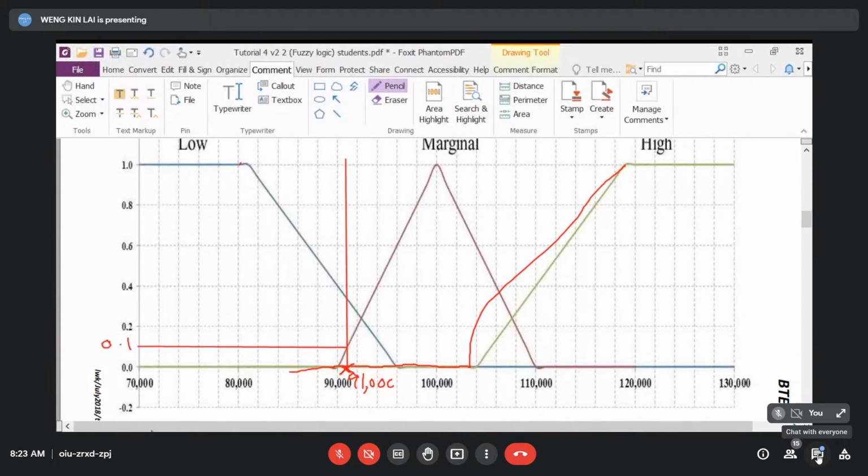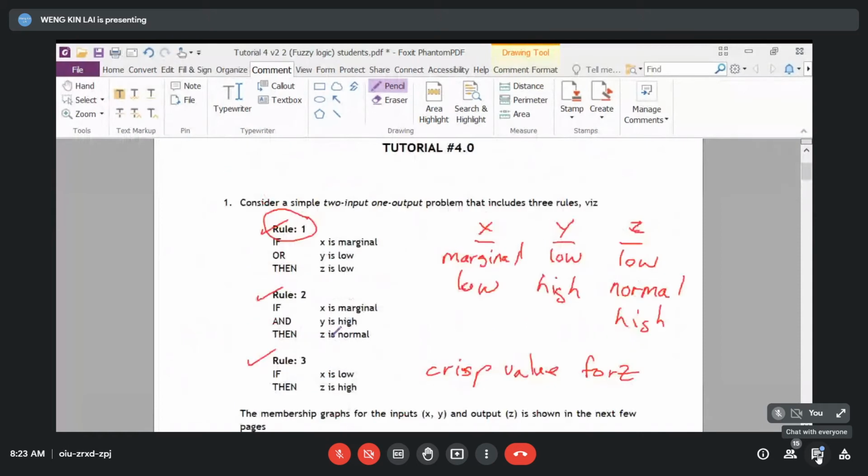Now, then of course we go back to our question. So we put it down here. So we have your 0.1, right? And also we notice that rule number 2 also uses the same value, marginal, so we can also put it down here.